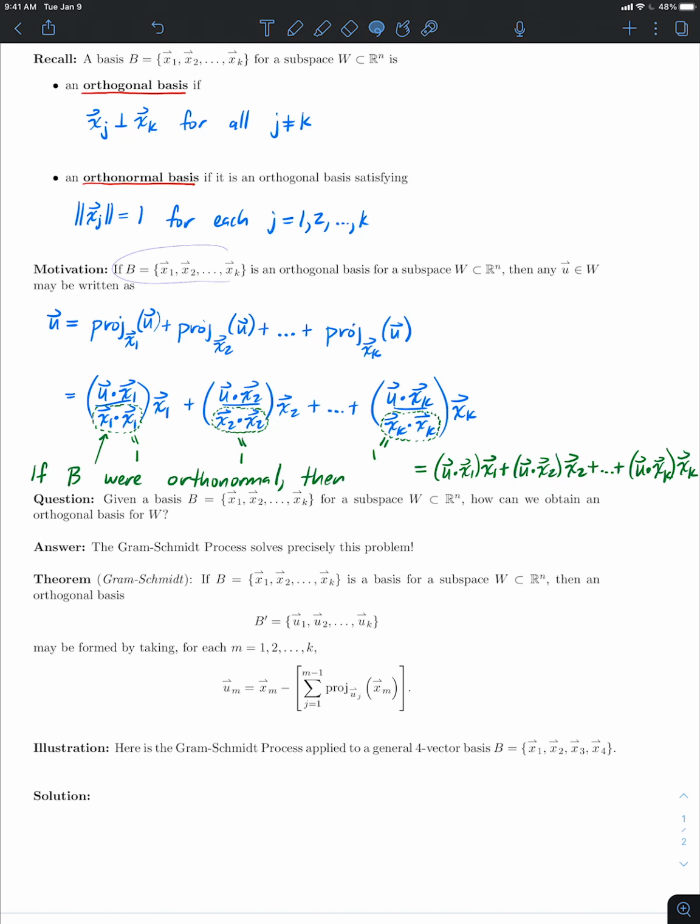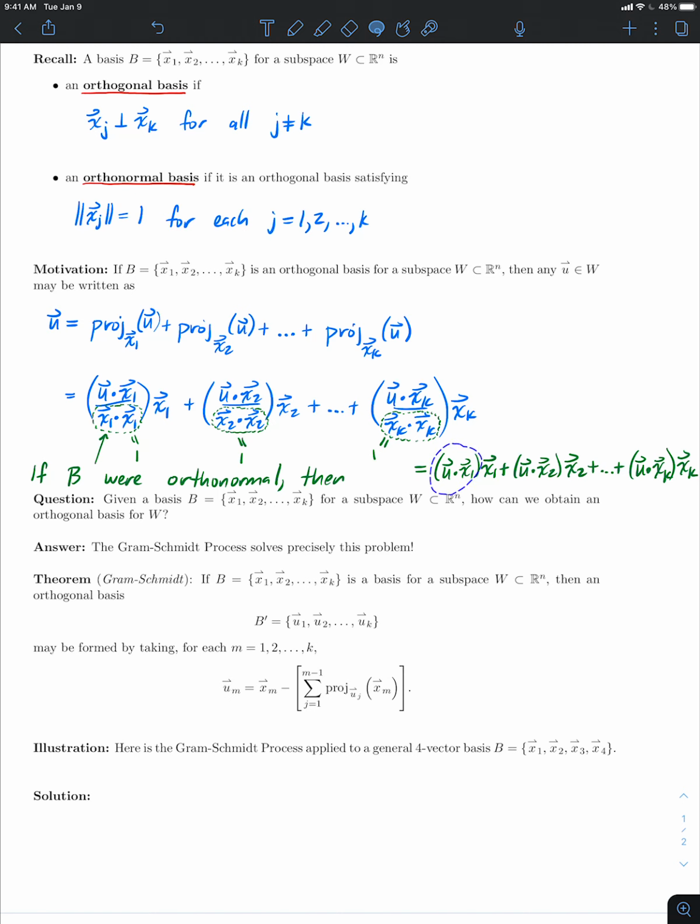If B is a basis, let alone an orthogonal basis, but if B is a basis for a subspace, then any vector u in that subspace can be written as a linear combination of your basis vectors. But that doesn't tell you how to actually get these coefficients, whereas in this setting, now you do have a formula.